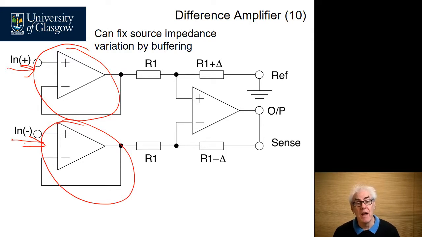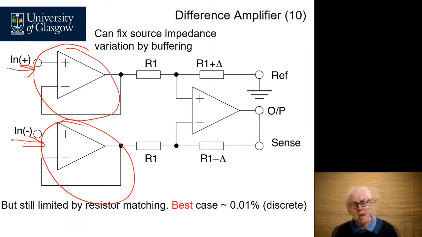So any errors due to resistors or cable length would be swamped by a very high input resistance into the amplifier. So that would solve that one. However, it doesn't solve the resistor matching problem. And the best case matching you can get for resistors you can buy from suppliers is about 0.01% matching.